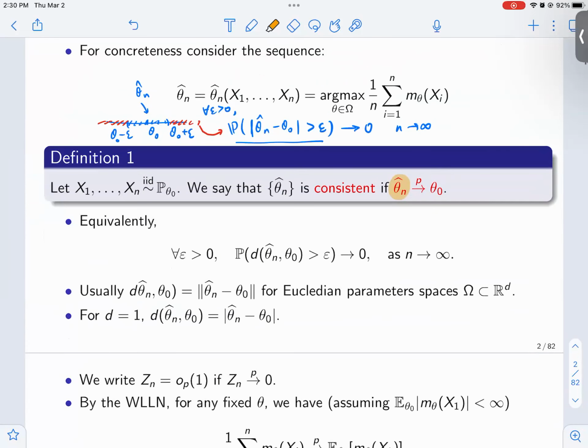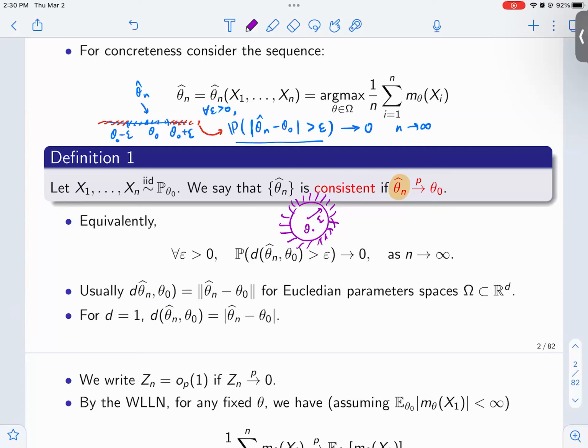The distance of theta hat n from theta naught being bigger than epsilon means that I'm outside that ball, and the complement is that it's inside. So it's a fairly general discussion. For example, you can take it to be the Euclidean norm, and in the case of dimension equal to 1, it would be just the absolute value.